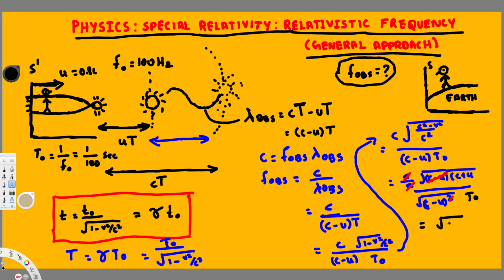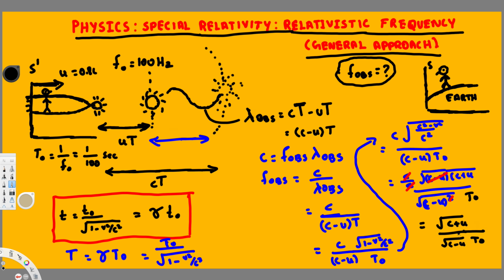So this is going to be the square root of c plus u over c minus u, with t naught in the bottom.